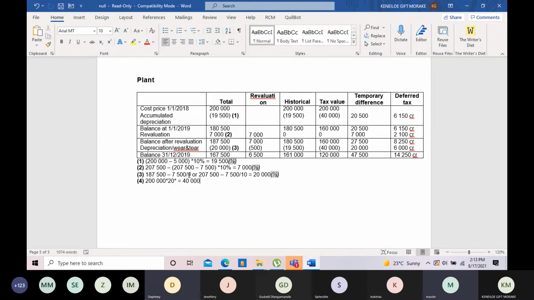So come again. You are saying 207,500 minus 207,500 again, that calculation for number 2. I don't get it at all, because what you're saying and what's on the memo are two different things. Please break it down for us.